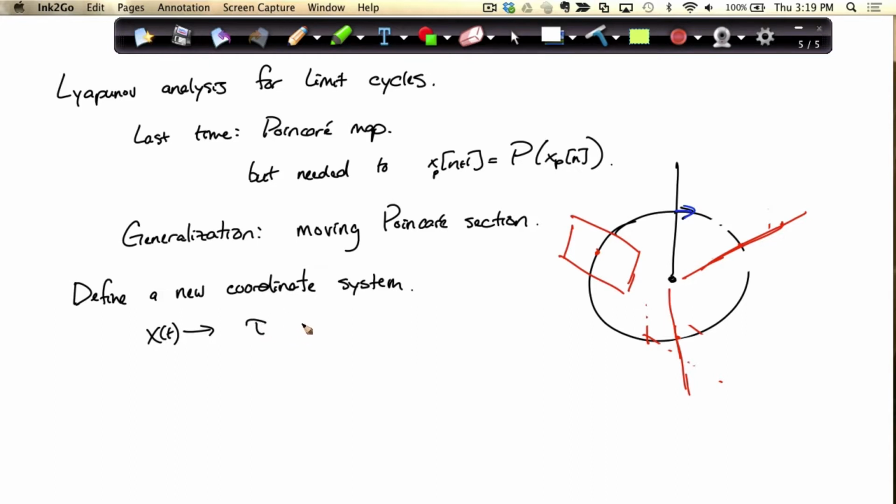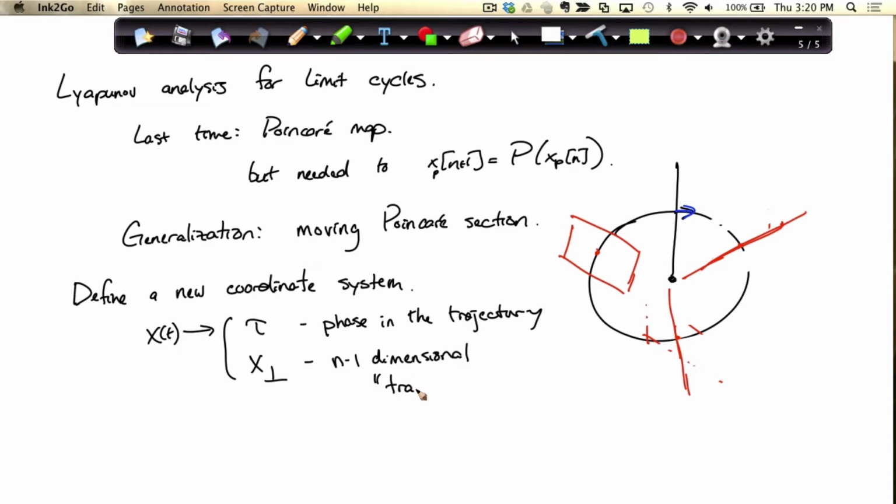Tau, which is my distance along the trajectory, sort of my phase in the trajectory. And then the coordinate that's somehow orthogonal to the trajectory. I'll write it down as x perpendicular. This is going to be my n-1 dimensional. We call them the transverse coordinates.